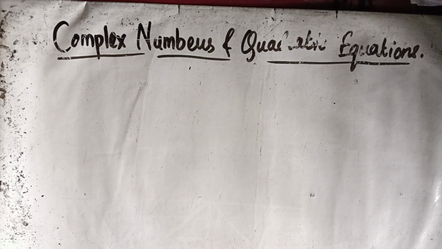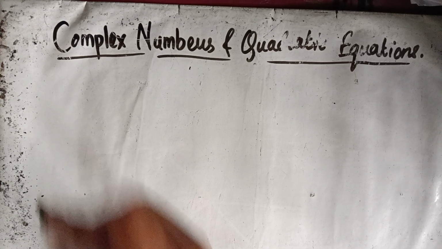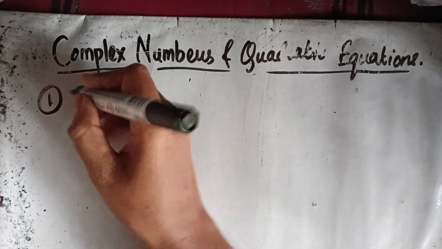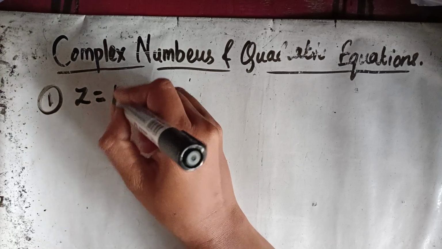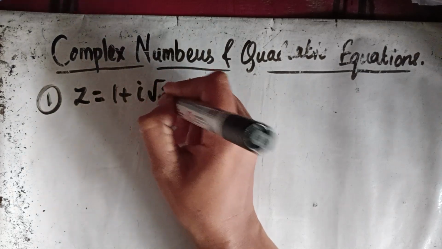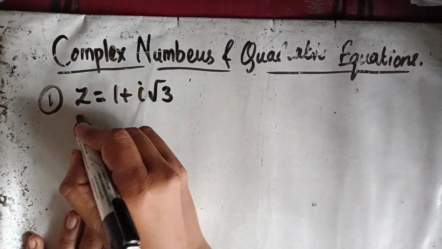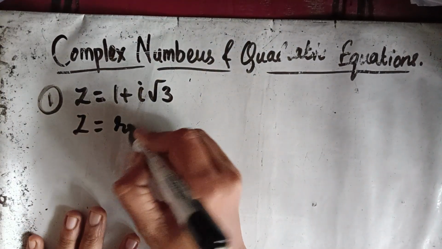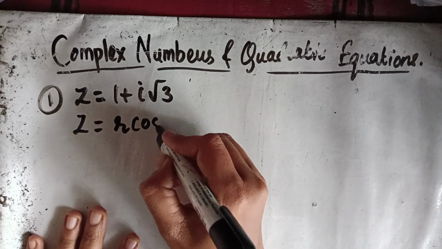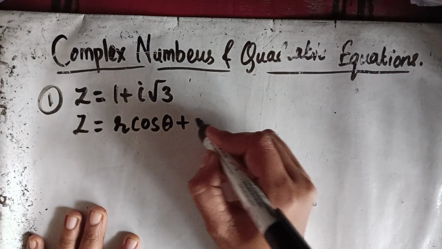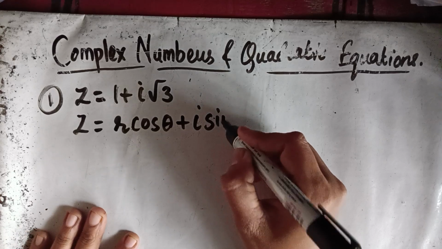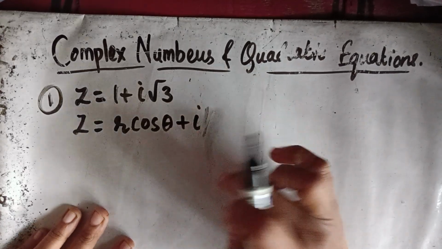So represent the complex number z equals 1 plus i root 3 in the polar form. Okay, so if I compare this with r cos theta plus i r sin theta, right?